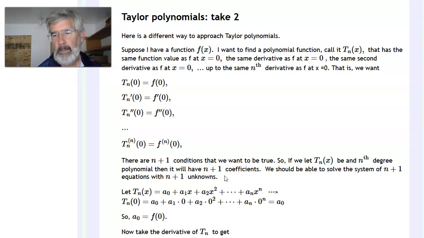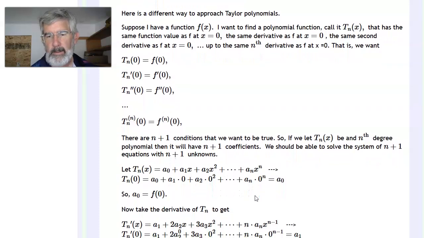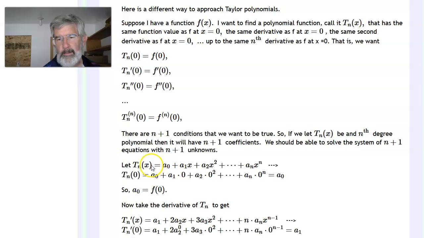So it has n plus 1 coefficients, and I have them spelled out here, a0, a1, a2, up to an. So Tn equals this, which leads me to the equation that Tn of 0, which would be this, equaling a0, has to equal f of 0. So I have a very simple equation that a0 has to equal f of 0.